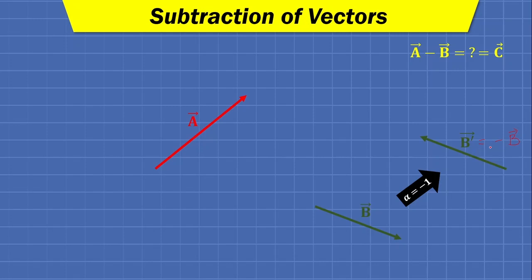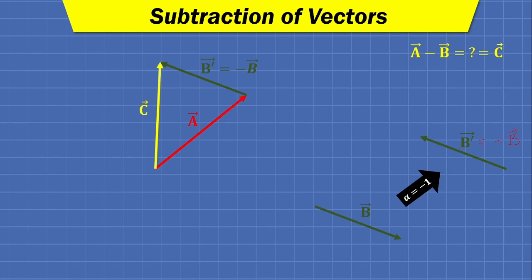Now what will we do? We will add this b dash bar with a bar. So b dash bar, which is nothing but minus b bar, and now if we want to add, then with the help of the triangular method, the tail of the second vector will lie on the head of the first vector, and we will join the tail of the first vector with the head of the second vector.